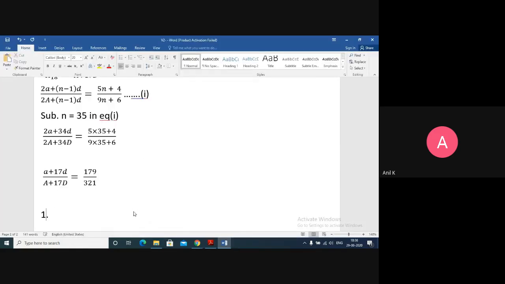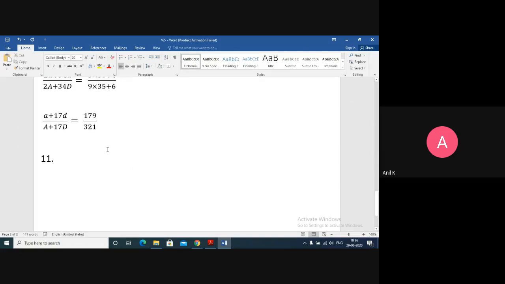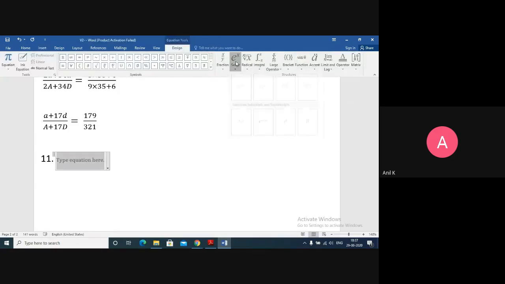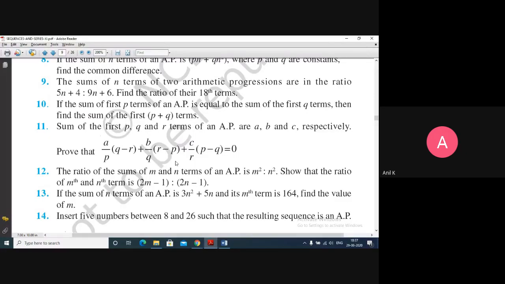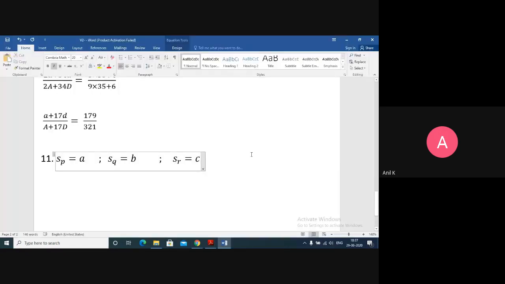This is also interesting, easy, but a good one. So your SP is given as a, then SQ is given as b, then SR is given as c. The sums of p, q, r terms are a, b, c. This is what is given.